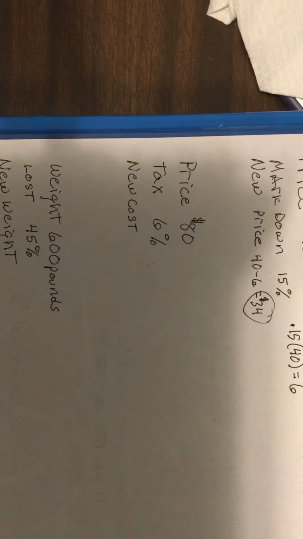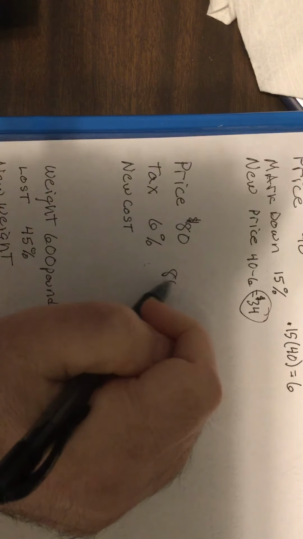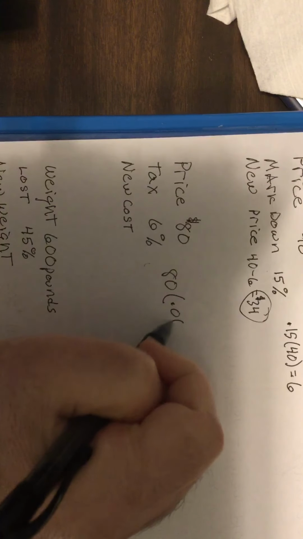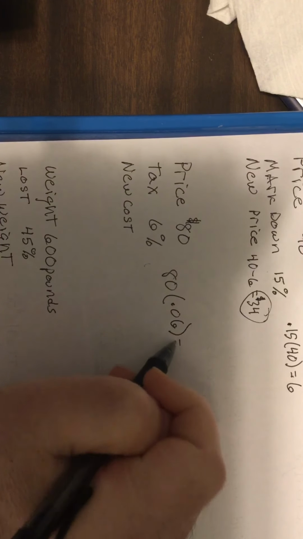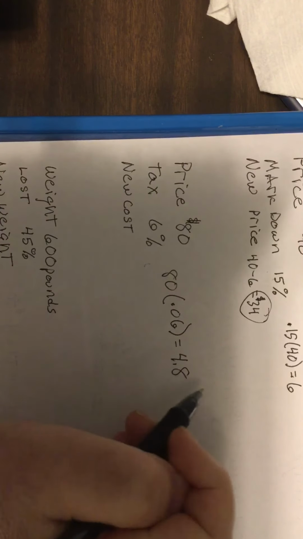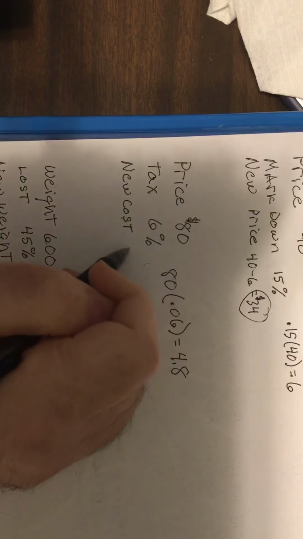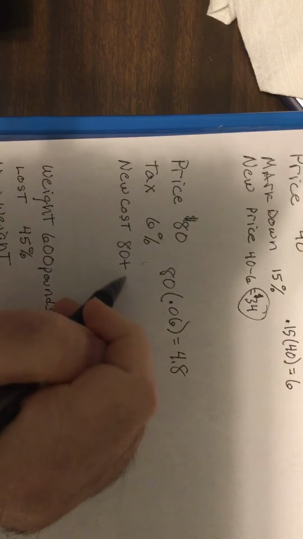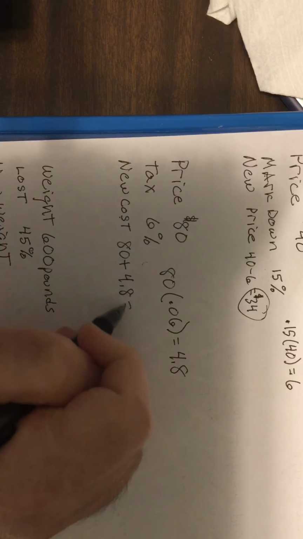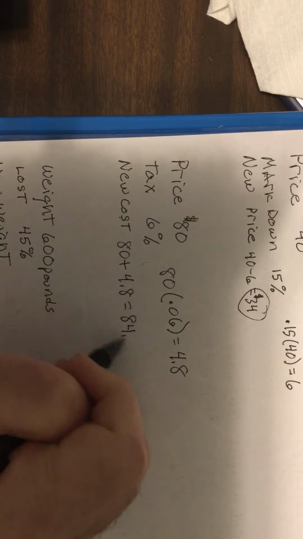So 80 times, using my calculator, 0.06 equals 4.8. So my overall cost, new cost, would be 80 plus 4.8, which is 84.8.